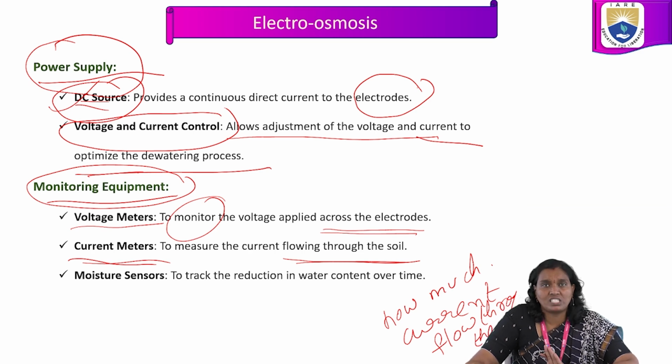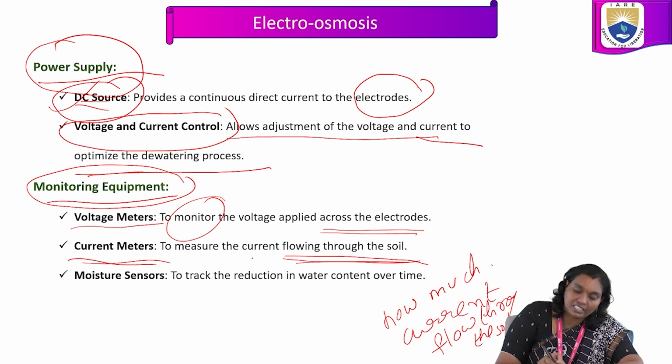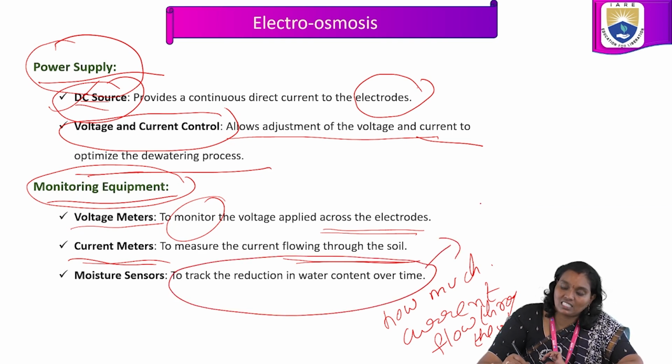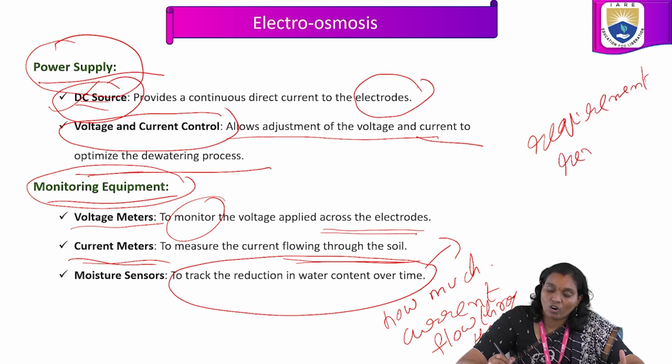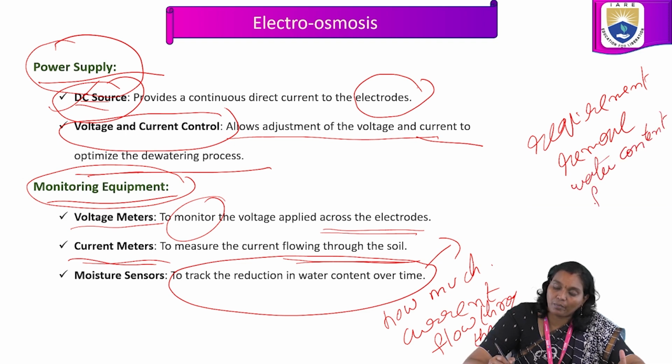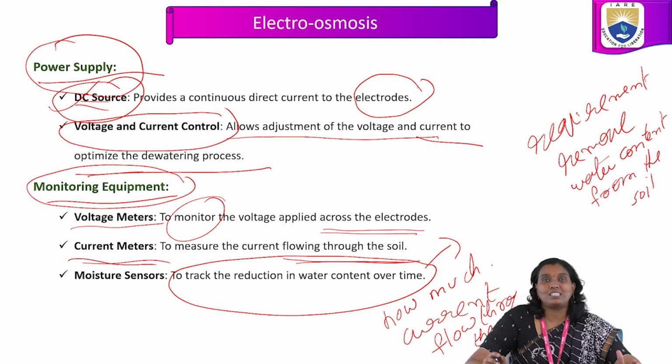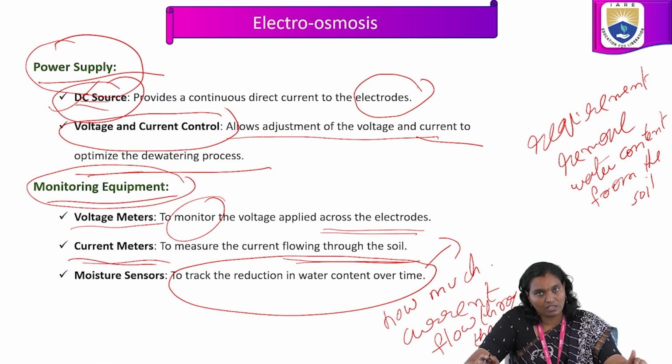The next one is the moisture sensor, to track the reduction in water content over time. How much water content we are going to remove from the soil depends upon how much water content is present in that particular soil.